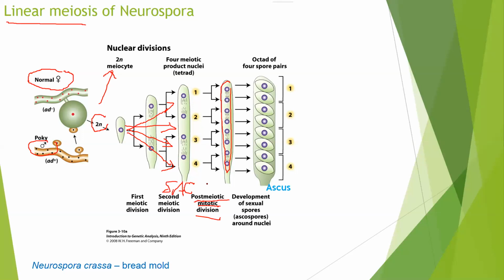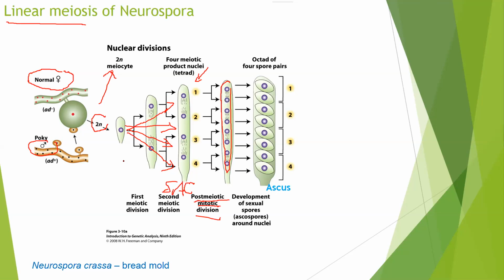If a parent produces lots of sperm or eggs, they can move around. That's why you cannot trace the genetics using that model, right? But here, for any single meiotic event, the resultant individuals will be held together within this beautiful sac in a linear fashion.